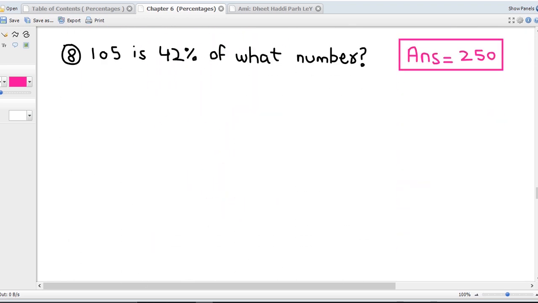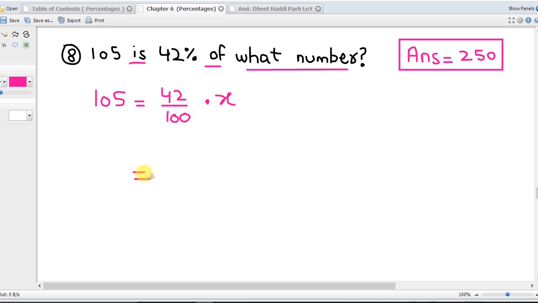Okay, moving on to the last question of our today's session. 105 is equal to 42 percent of what number. Percent means divided by 100. Of means times. So I can write this times as a dot, and what number is x.